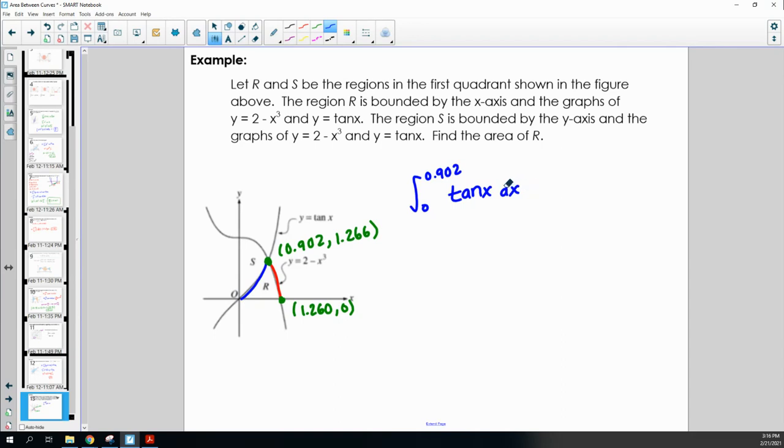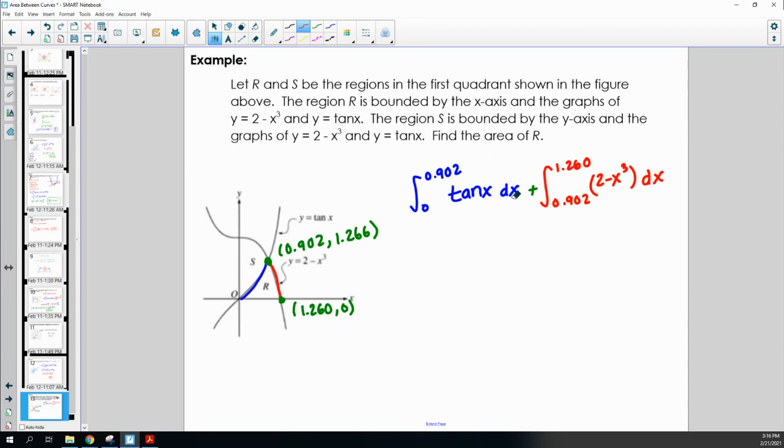And then what I'm going to do is add to that the next piece, which is the integral from where I left off, which is 0.902, to the x value that it stops at, which is 1.260. And then I have the top function in this case, which is 2 minus x cubed, minus the bottom function, which is 0, and then dx.